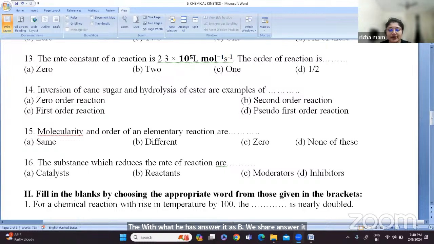Yes, molecularity and order of reaction are same, different, zero, or none of this.